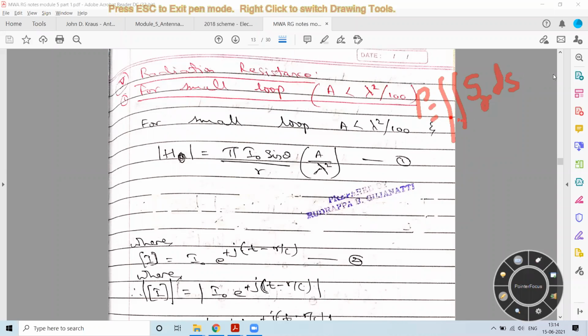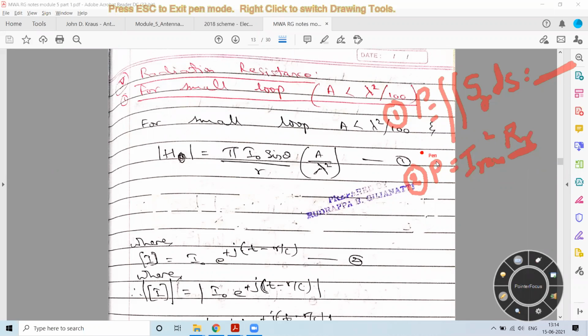This is the first step. Next, we consider the total power radiated as I RMS square into the radiation resistance parameter. This also gives the power radiated by the antenna, which has a radiation resistance of RR.